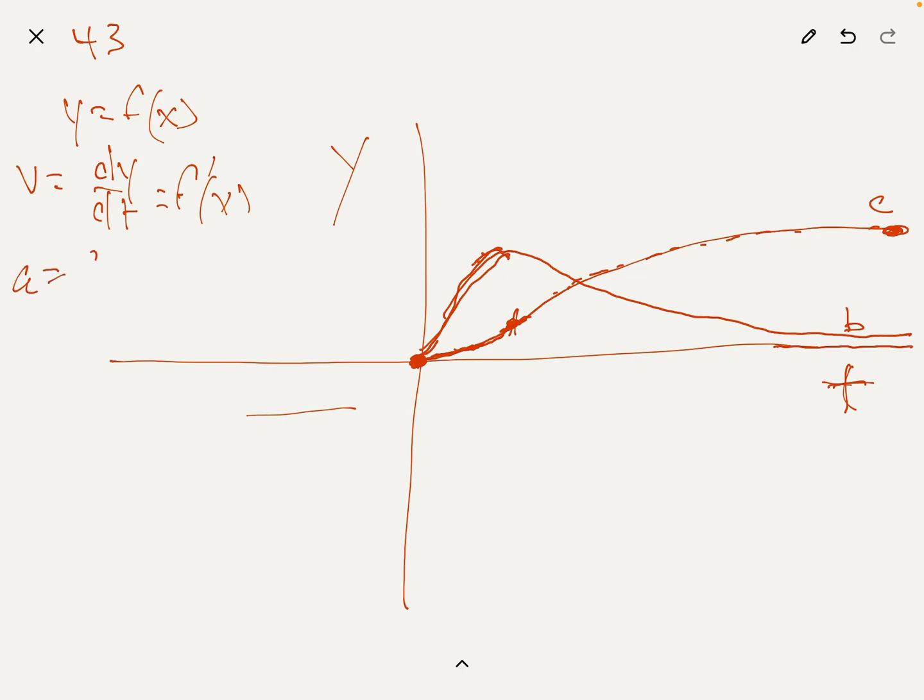Now acceleration equals dv dt, which is the second derivative of the position, which we can write as d squared y over dt squared equals f double prime of x. And the acceleration is the tangent line of the velocity.